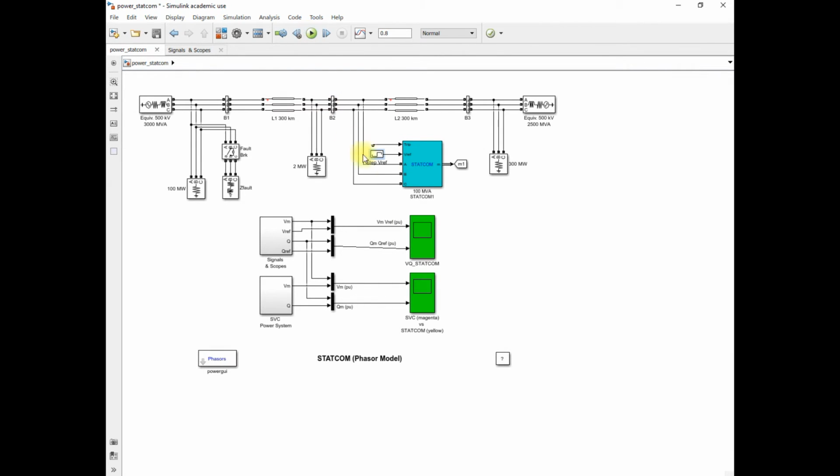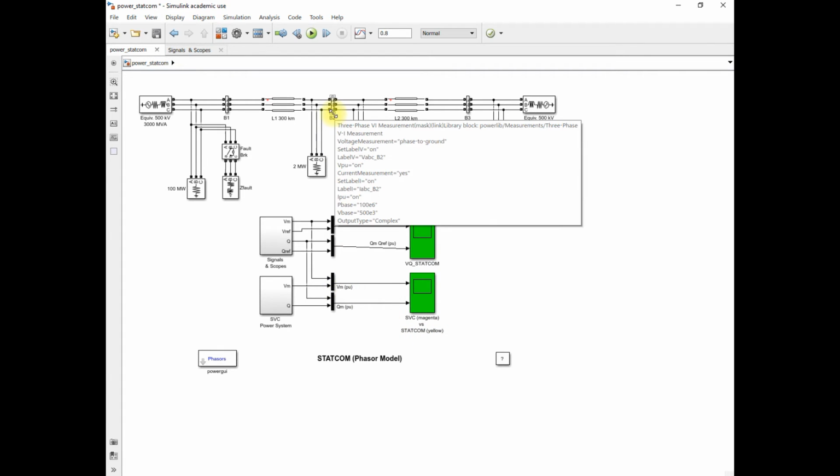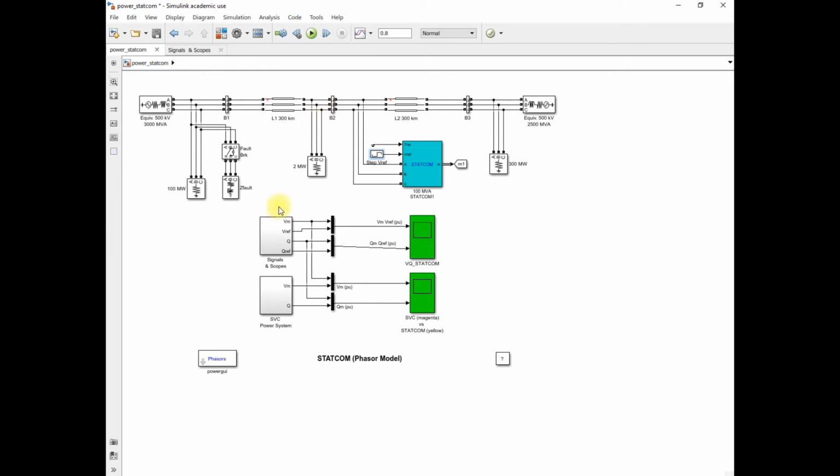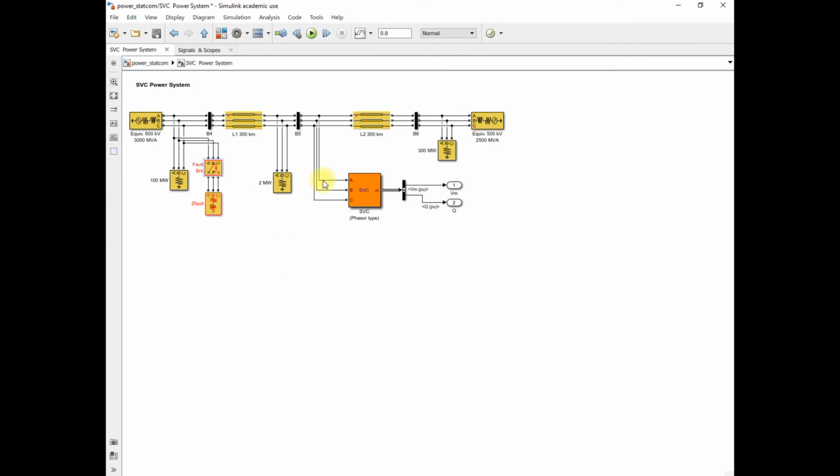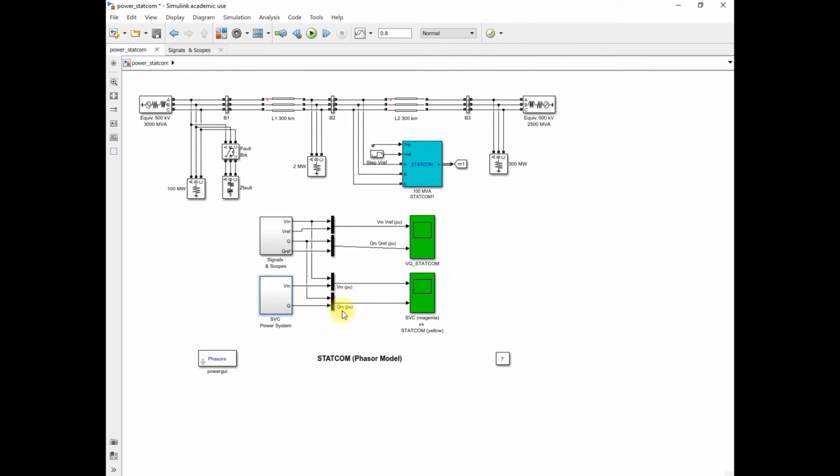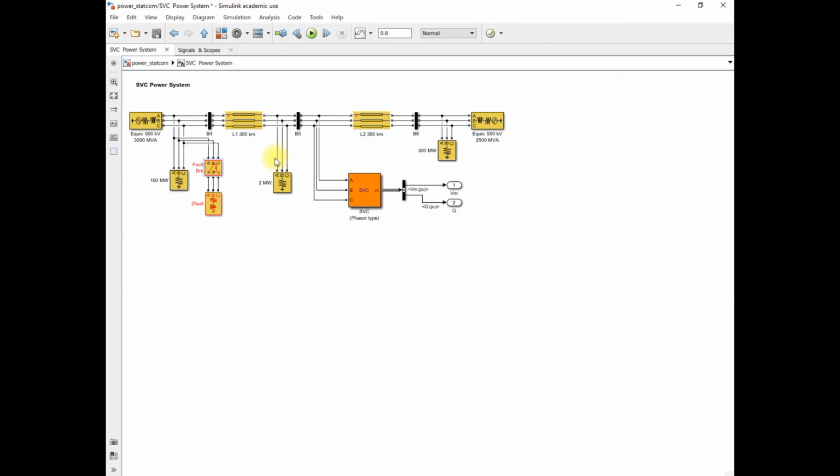and you look at the scope of voltage and reactive power measurement for SVC and STATCOM, the VM gives the actual voltage at bus B2 in the case of STATCOM. In the SVC it gives the voltage at bus B5. In the same way, QM gives the actual reactive power injection or absorption at bus B2 in the case of STATCOM, and in the case of SVC at bus B5.